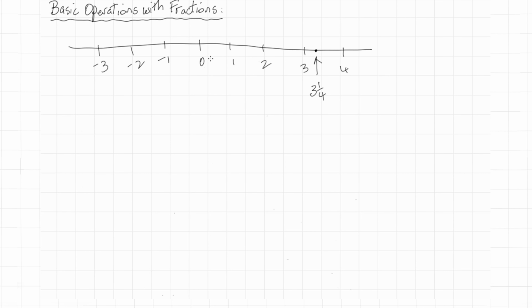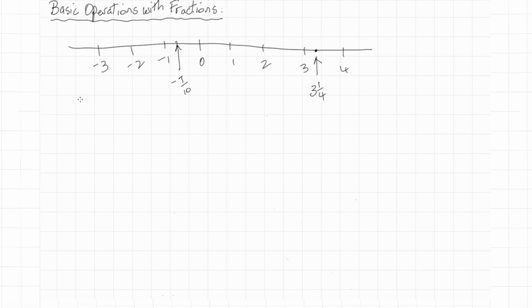And so if you think about it, fractions are a way of filling in the gaps between the whole numbers on the number line. Likewise, we can have negative ones, so maybe that's -7/10, and so on.